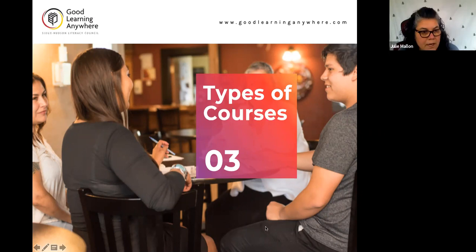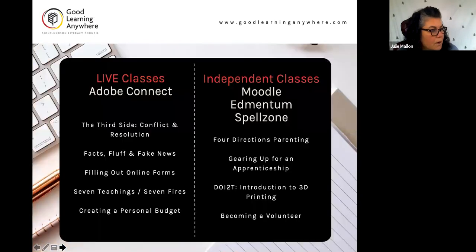One of those is the Adobe Connect platform, the live courses. These are scheduled courses at specific times on specific days. GLA typically schedules their live courses from Tuesdays through Thursdays. Morning sessions run from 10:30 to 12:30, afternoon sessions from 1:30 to 3:30.